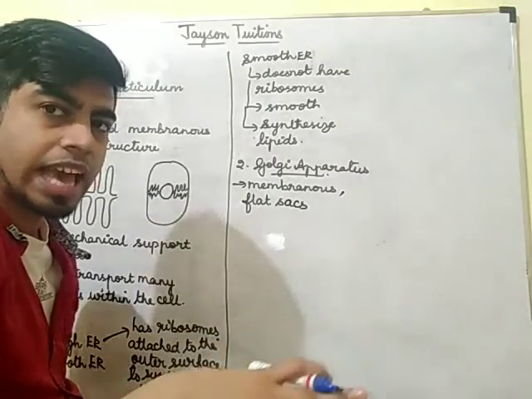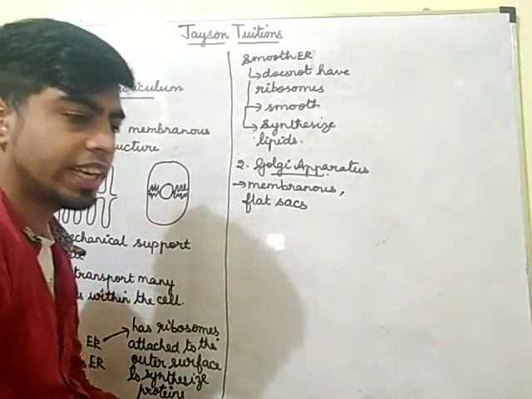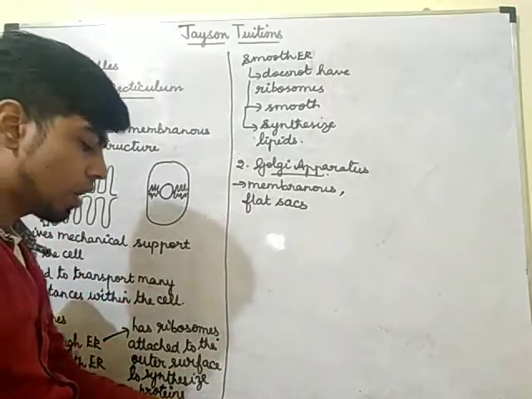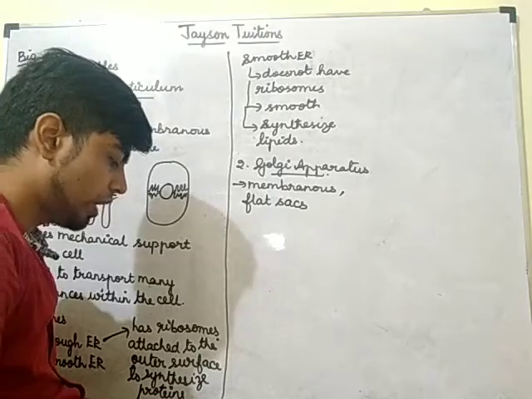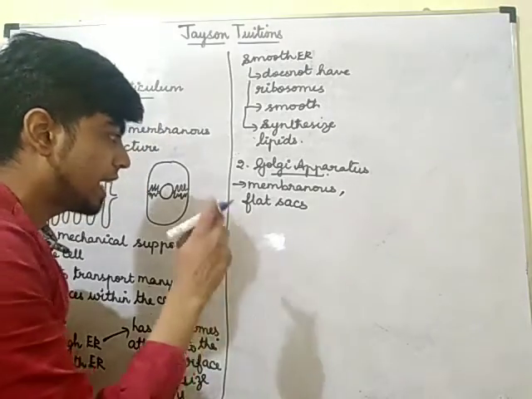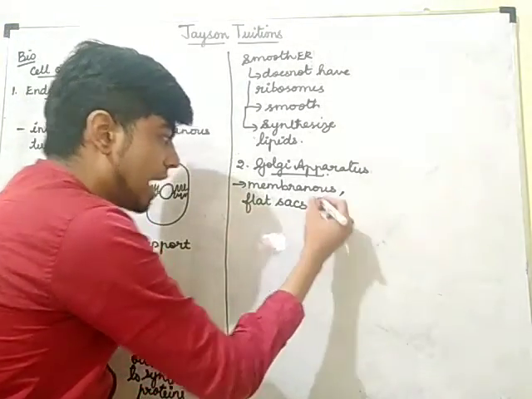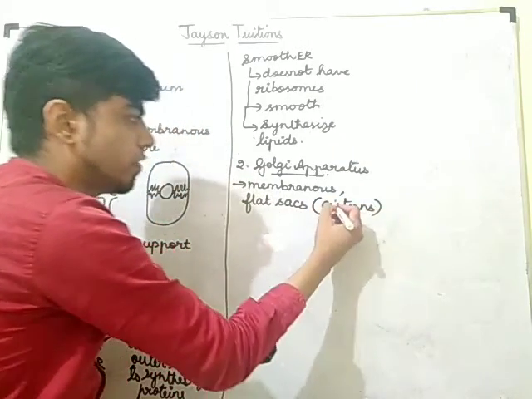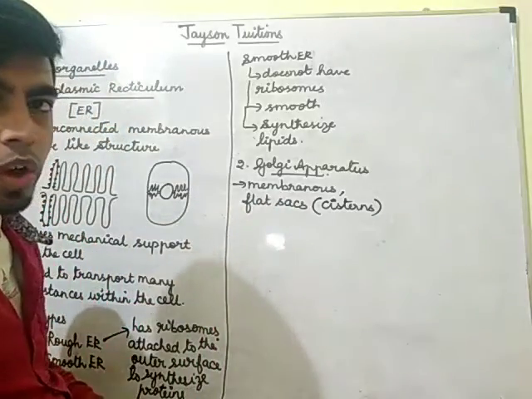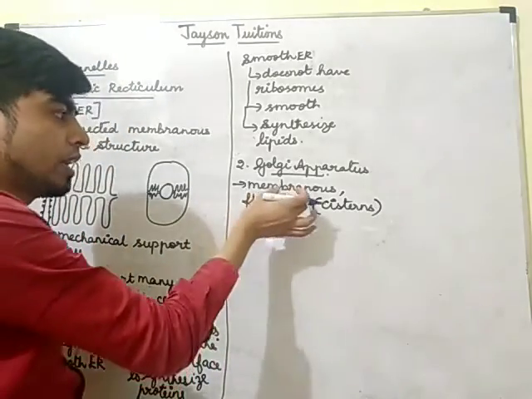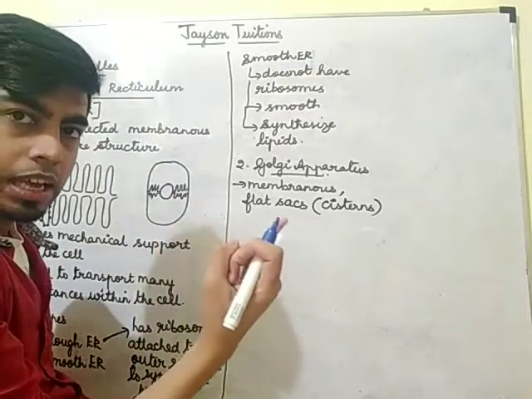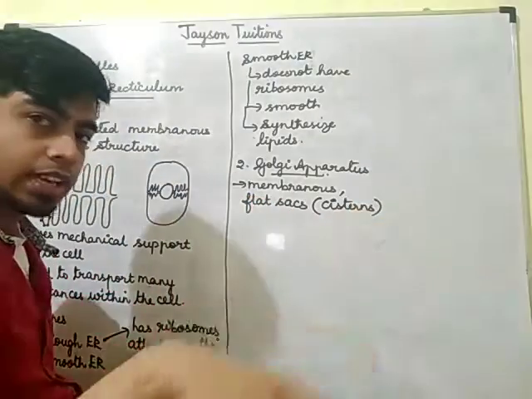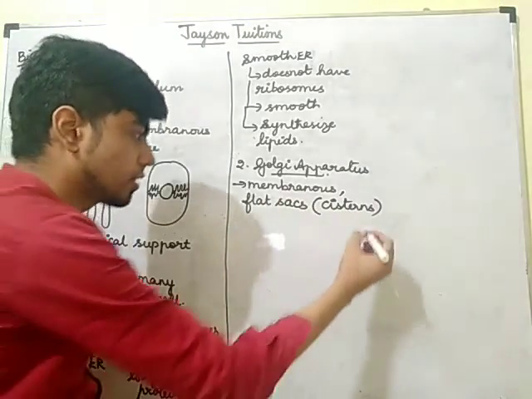Have you seen a sac? If you spread it flat on the surface, the Golgi apparatus will look the same way. So it is membranous flattened sacs. The flat sacs are called cisternae.